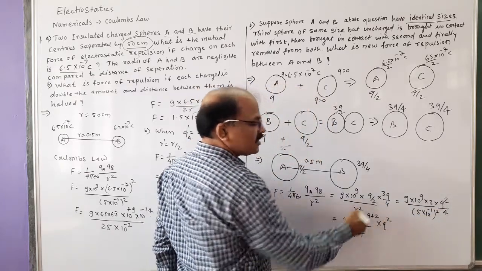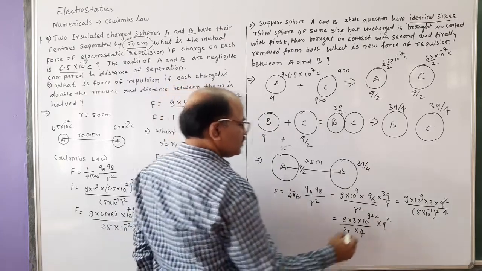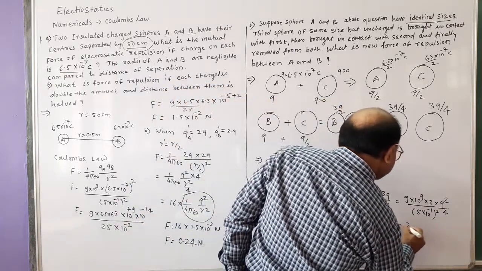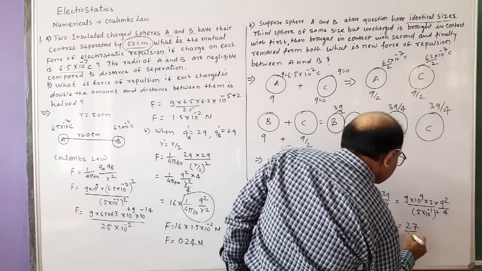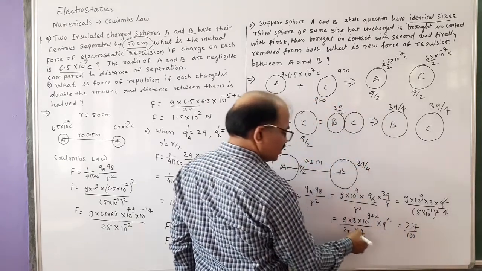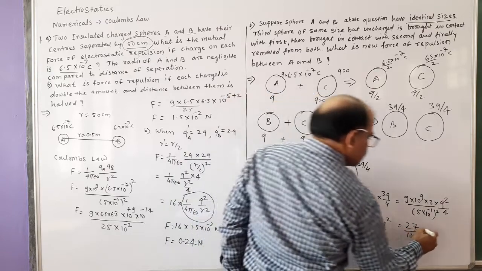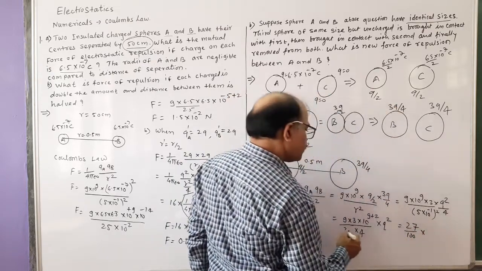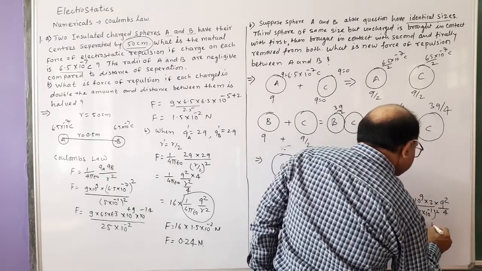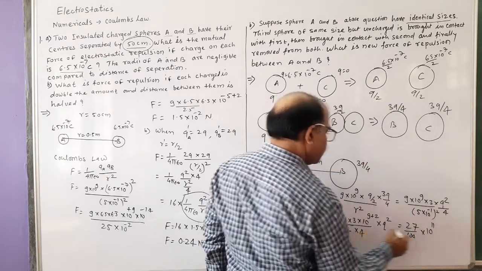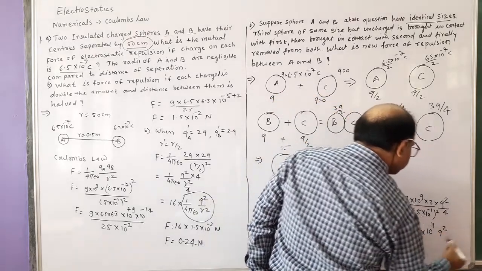When it goes up, it becomes a plus. This is equal to total 27 divided by 100, 25 for the 100 into 10 raised to 9, this is the 11 and q square.